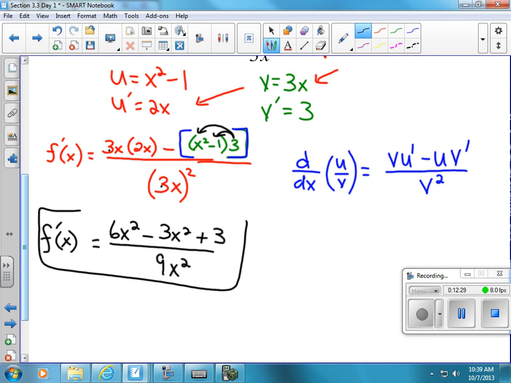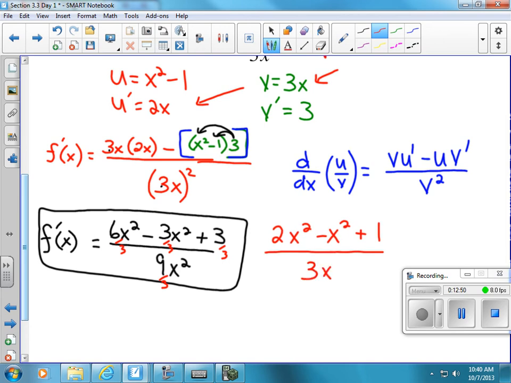Well, that's probably good enough, although we could factor out a 3 on the top and the bottom. So if you did that, you would have to divide everything by 3. Every term here could be divided by 3, top and bottom. So you would have 2x squared minus 1x squared plus 1 divided by 3x squared.